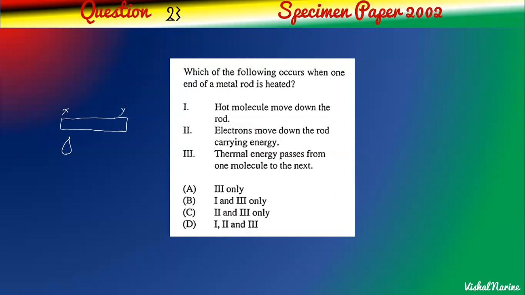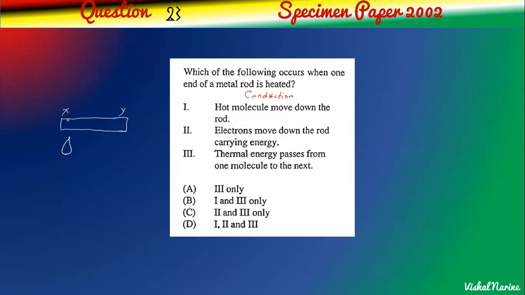What you should remember is that this process is actually conduction. You're not writing paper 2, so this is not a possible question anymore. But normally they'll ask you, what are some differences between conduction and convection? With conduction, there is no movement of molecules.